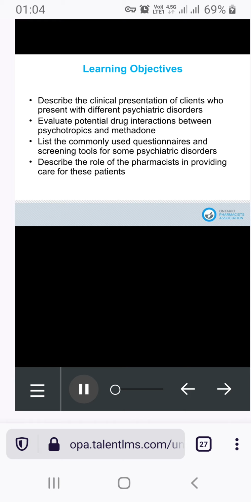Learning objectives: describe the clinical presentation of clients who present with different psychiatric disorders, evaluate the potential drug interactions between psychotropics and methadone, list commonly used questionnaires and screening tools for some psychiatric disorders, describe the roles of the pharmacist in providing care for these patients. Concurrent psychiatric disorders.